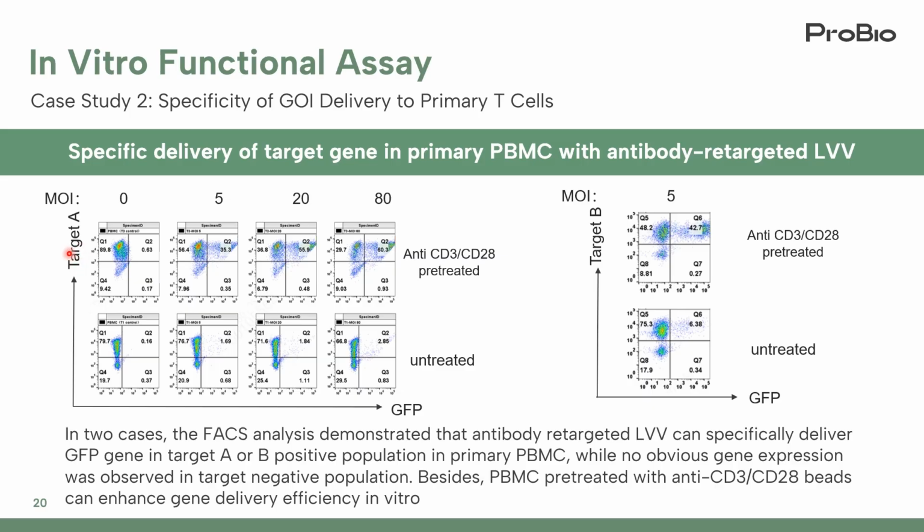In the meantime, there is not much change in the Q3 quadrant, which is GFP positive but negative for the biomarker A. So this data showed that for those cells with high expression of biomarker A, the GFP gene is successfully delivered and expressed, while for those cells without the biomarker A, there is not much GFP delivered.